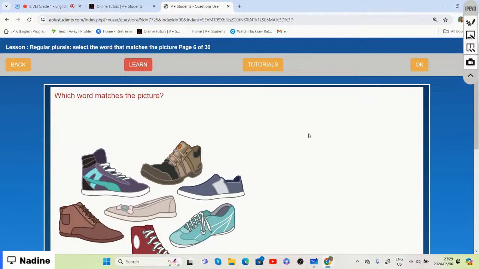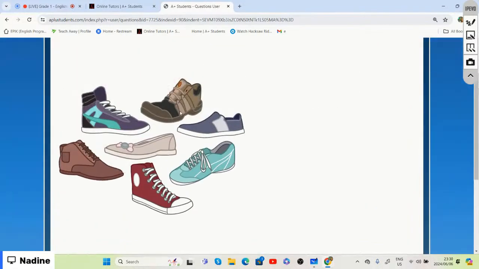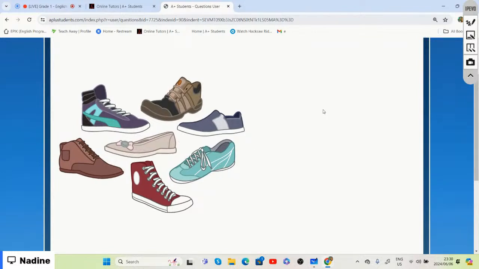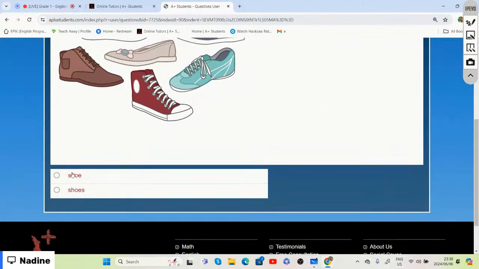We need to match the words with the picture. We have one, two, three, four, five, six, seven. Do we say seven shoe or seven shoes?